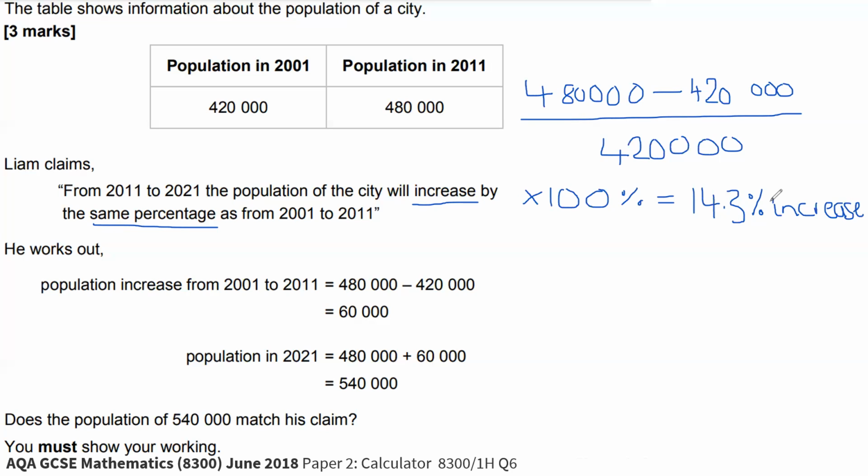Okay, so now we need to work out what a 14% increase of 480,000 looks like to get the population in 2021.